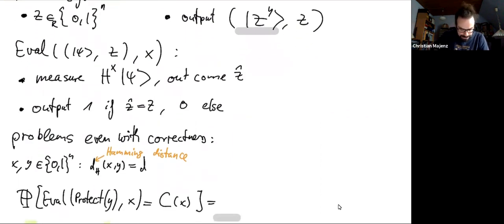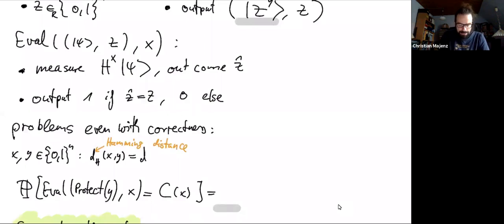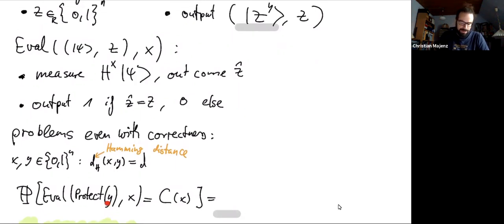If we take some x and y and they have Hamming distance d, then if we first protect the point function with marked point y and then evaluate at x, the correctness probability is actually 2 to the minus d, because there are only d positions at which the BB84 basis is misaligned. So in particular, if that distance is 1, then with probability 1/2, the evaluation fails.